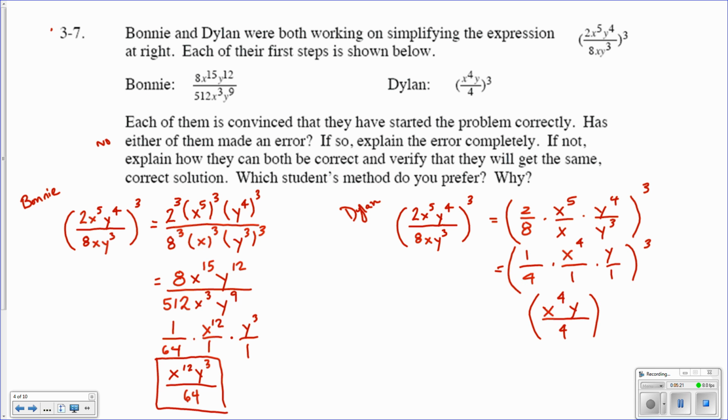And we'll put our expression back together here. So you'll see that's how Dylan made it to this part. Let's go ahead and simplify this now. Let's raise each part to the third power. So we're going to have x to the fourth to the third power, and then y to the third power, and that whole thing is over 4 to the third power.